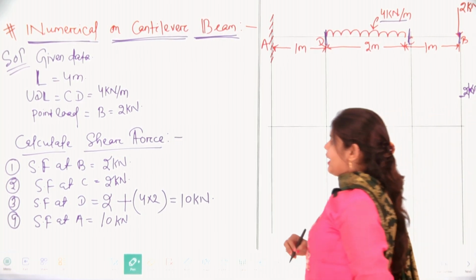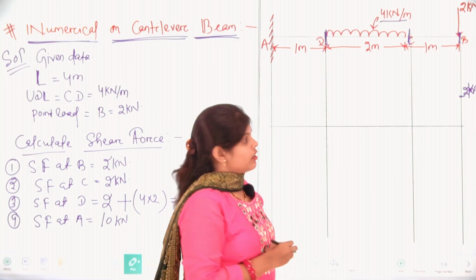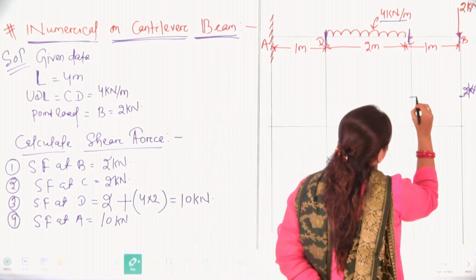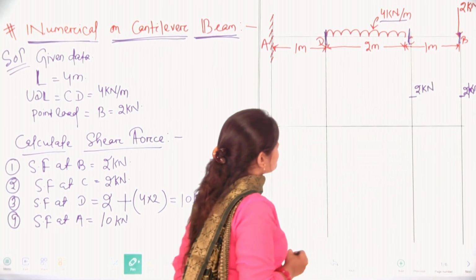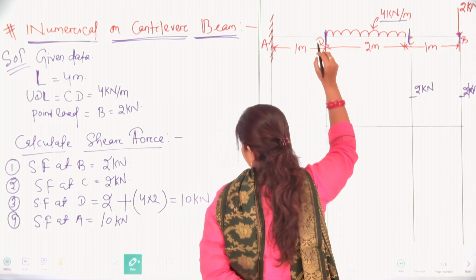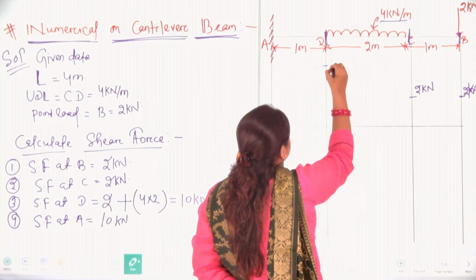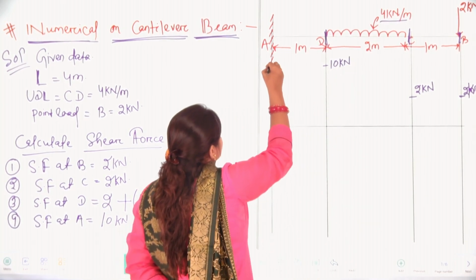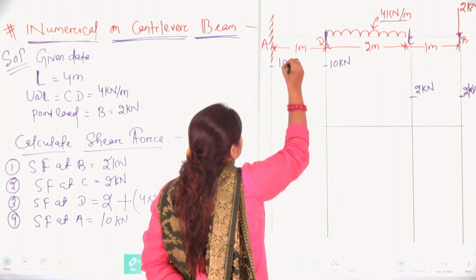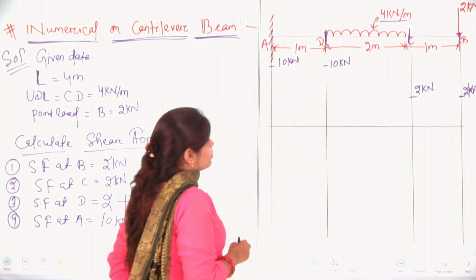Again shear force at C is the same 2 kilonewton, and at point D we have 10 kilonewton of load. Similarly, at point A 10 kilonewton of load.